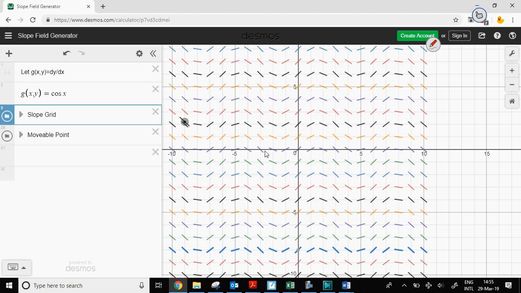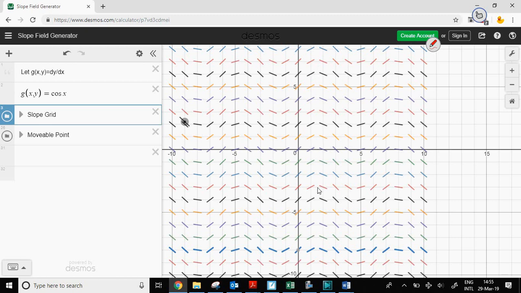And you'll notice that everywhere along x equals 0, we see little slopes of 1. When x is equal to pi over 2, cosine is equal to 0. We can't really see pi over 2 in this picture, but we could imagine that it's somewhere in between these two, so kind of where my mouse is going.